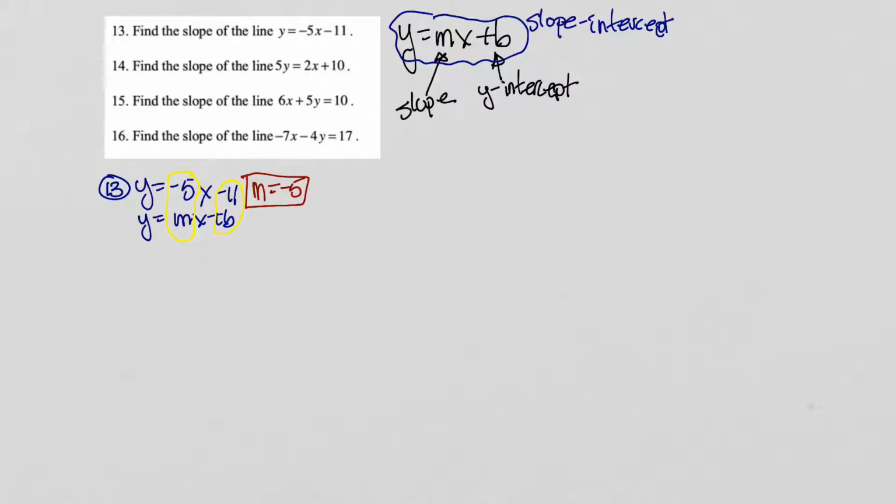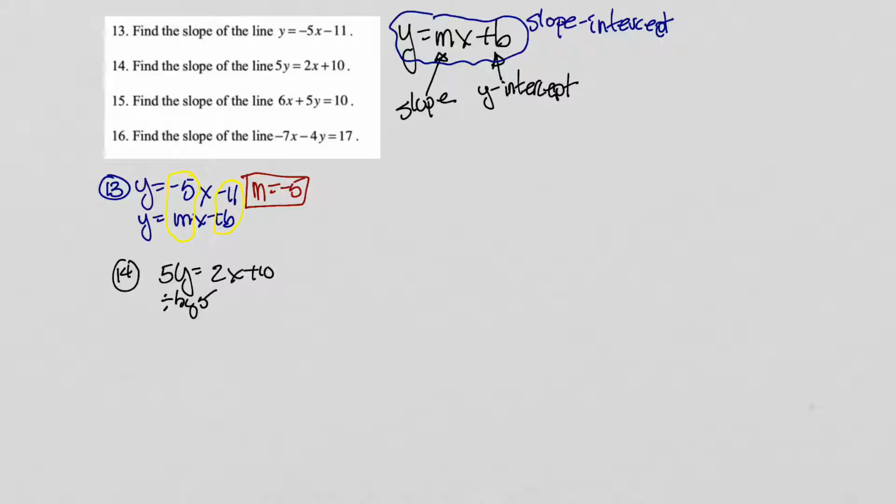In number 14, all right, let's take a look at 14 now. In 14, we have this equation, 5y equals 2x plus 10. Now, we can get the right form here, right? I want to solve it for y and get it in slope-intercept form. But I've got 5 multiplying y, so why don't we undo that multiplication by dividing by 5.